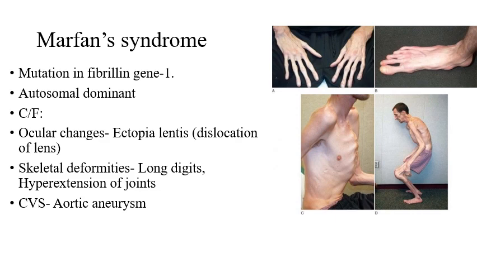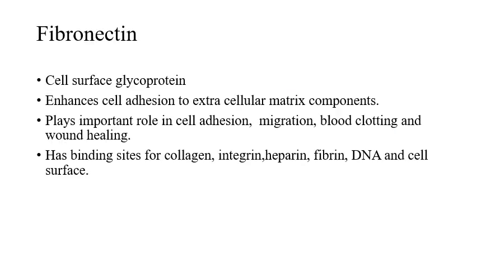Ocular changes will include ectopia lentis, that is dislocation of the lens. Skeletal deformities will include long digits, hyperextension of the joints, and in the cardiovascular manifestations, aortic aneurysm and mitral valve prolapse are commonly seen.